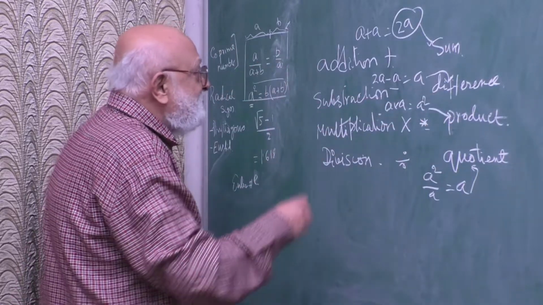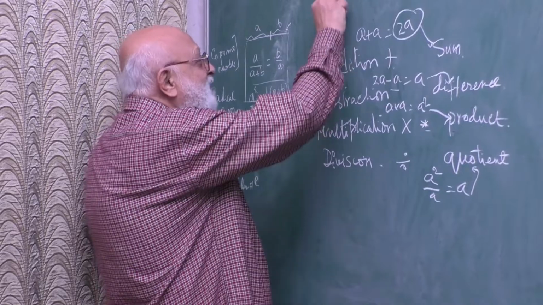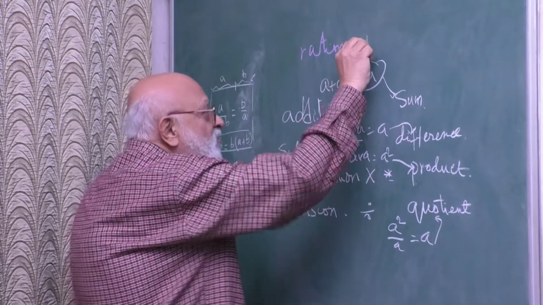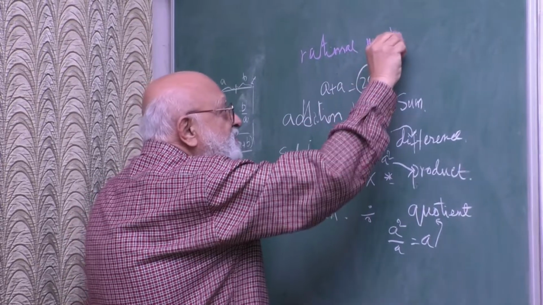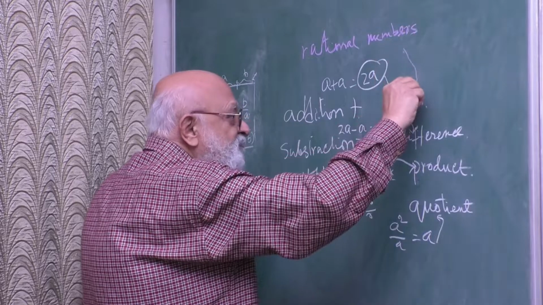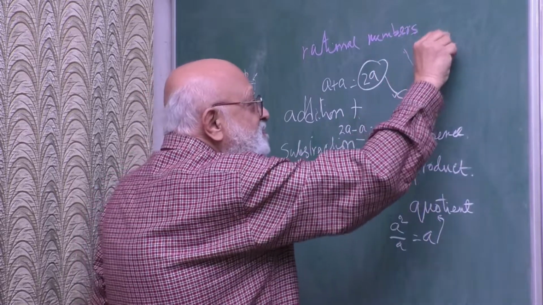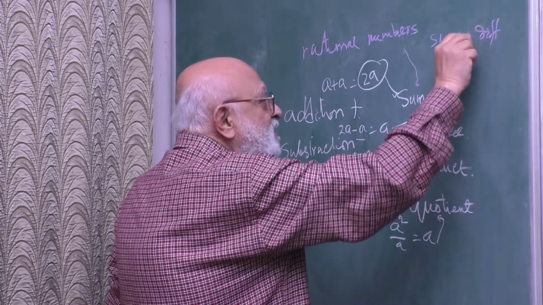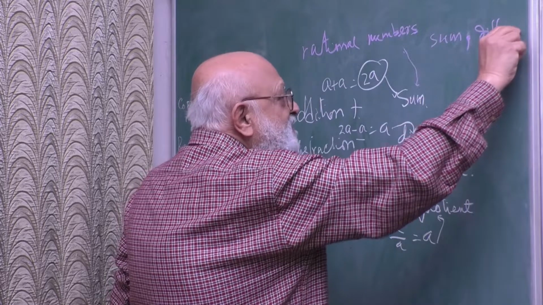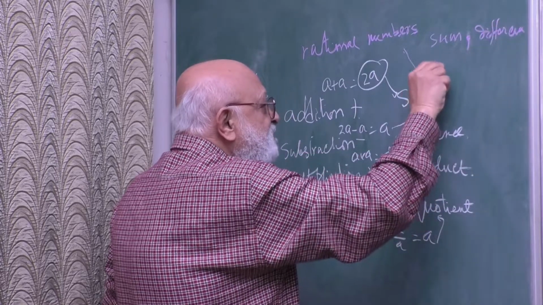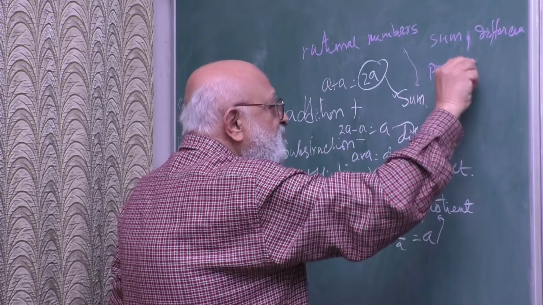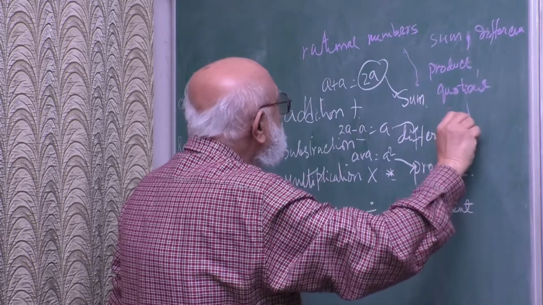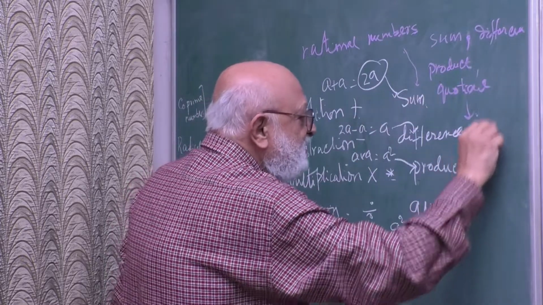Now we'll see what happens in the case of rational numbers. In the case of rational numbers, the sum, difference, product, and quotient are also rational.